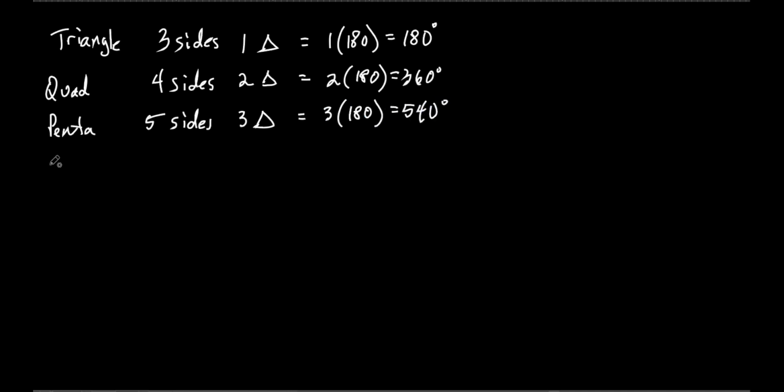All right, let's do the next one. Pentagon, and then what's the next one? Hexagon, right? So a hexagon has 6 sides. How many triangles did I get out of that when I made a hexagon? 4 triangles. And then that's 4 times 180, and that is 720. Now, I haven't drawn this, but what's the next one?